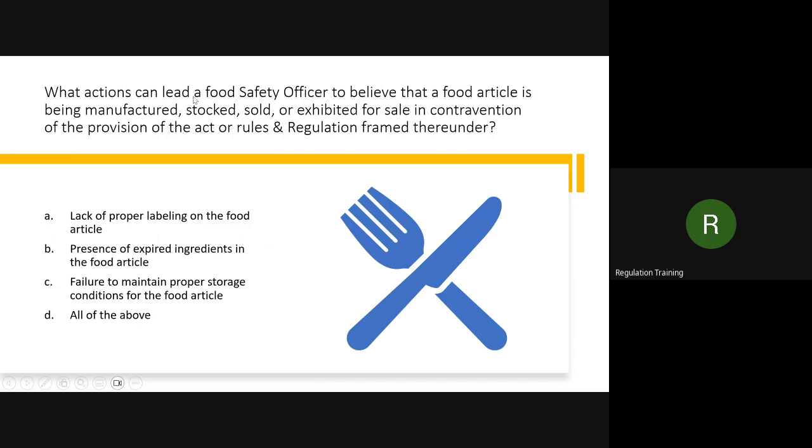Now, what action can lead a food safety officer to believe that a food article is being manufactured, stocked or sold or exhibited for sale in contravention of the provision of the Act, rules, regulation?